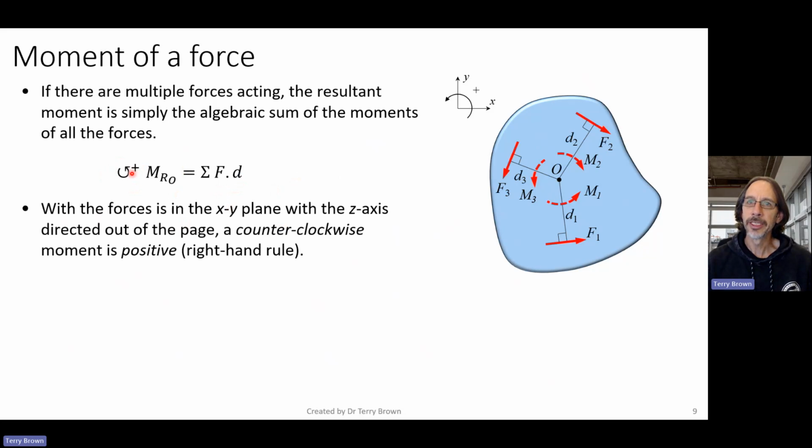I've indicated anti-clockwise as positive, and the resultant moment is calculated about point O. If we take anti-clockwise as positive and work out the perpendicular distances, we have 2 positive moments from F1 and F3 and a negative moment from F2.